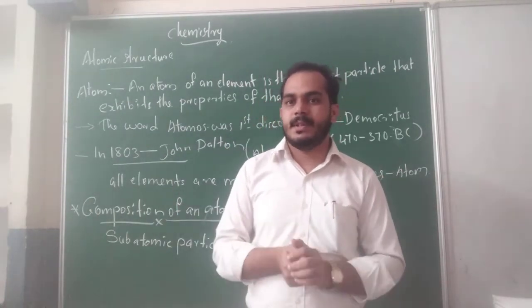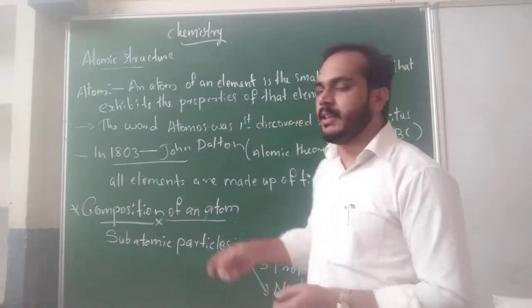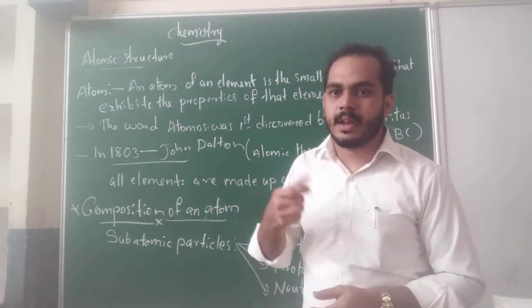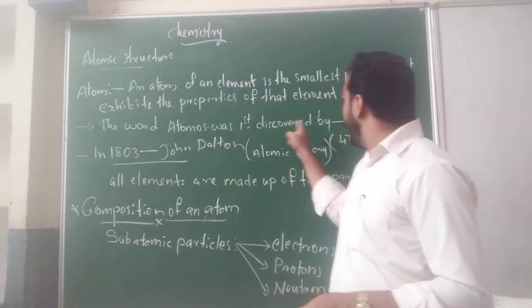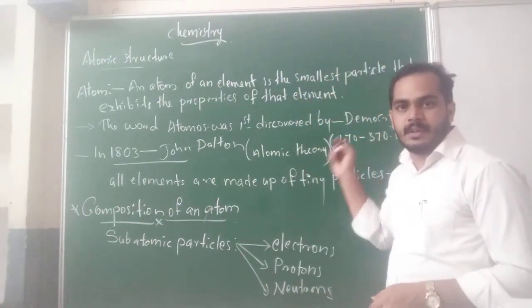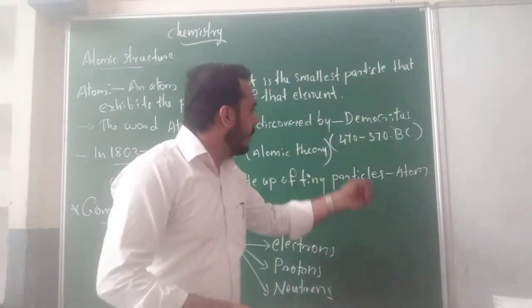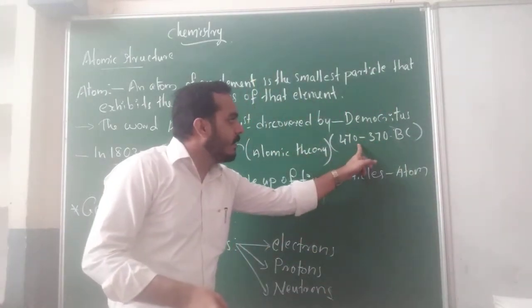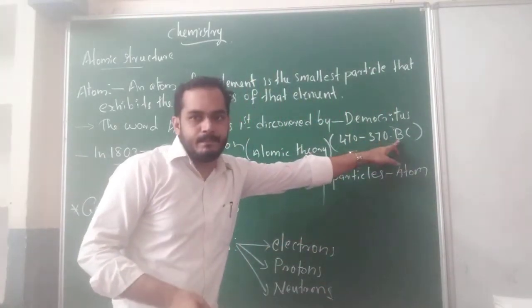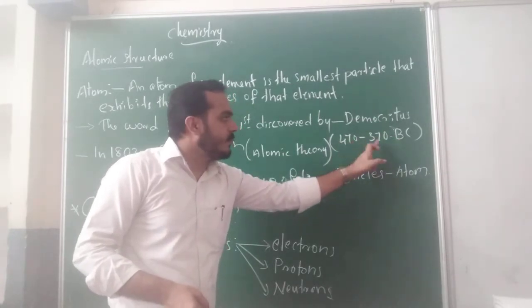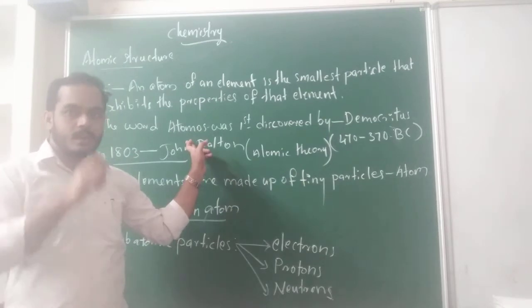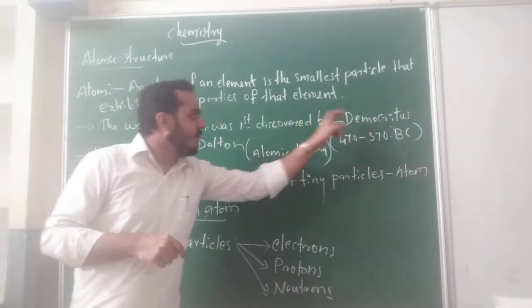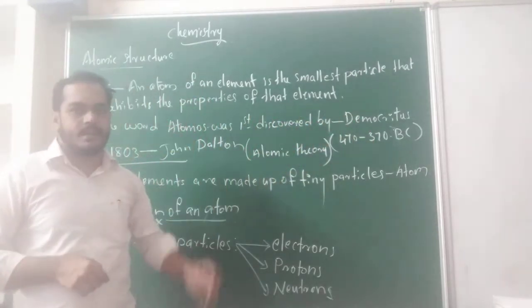This was first discovered by the Greek philosopher Democritus, between 470 and 370 BC. So Democritus is the first to have discovered the atom.